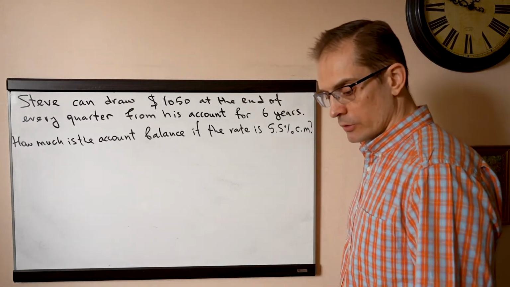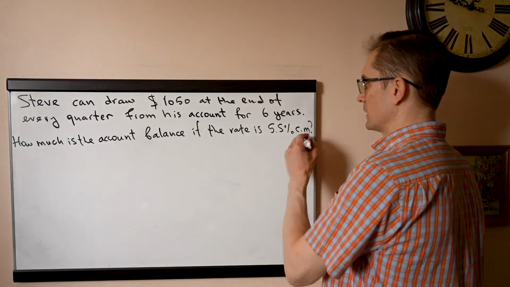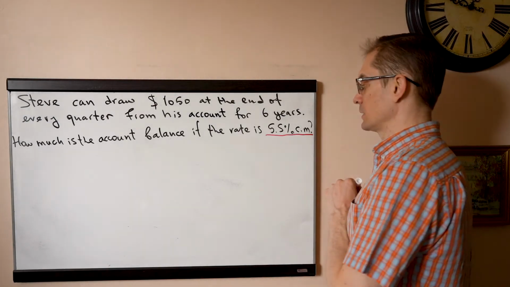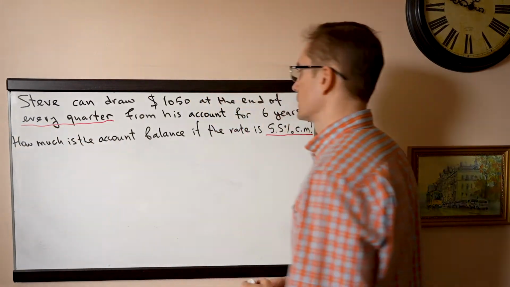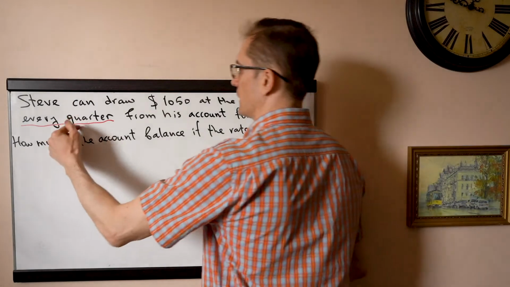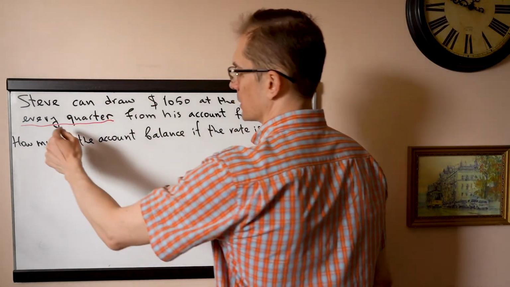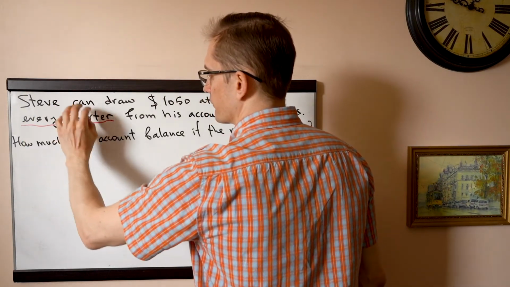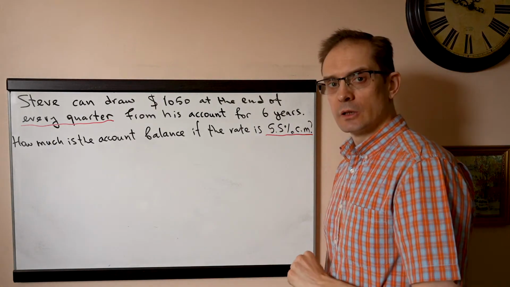Well, if you look at this problem, you will notice right away that the rate is compounded monthly, so 12 times per year, but the money will be taken at the end of every quarter. So it's an ordinary general annuity because the money will be taken 4 times per year, but the rate is compounded monthly.